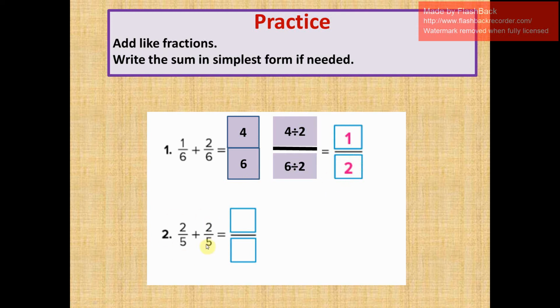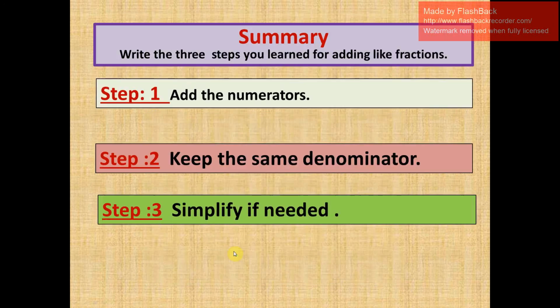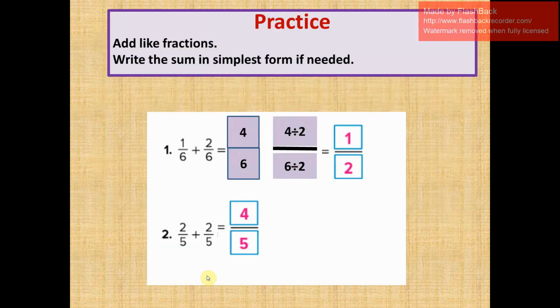Now let us discuss example number 2. You will add 2 plus 2 is 4, and do I add 5 plus 5? No, we will keep the denominator. So the answer is 4 over 5, 4/5. And what is the greatest common factor between the numerator and denominator?